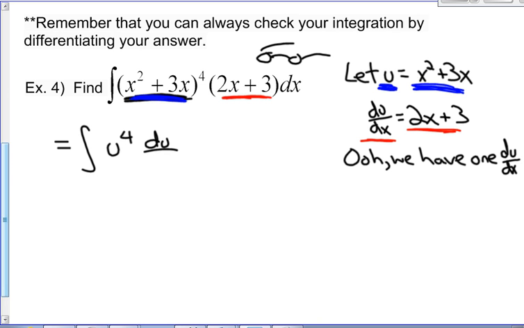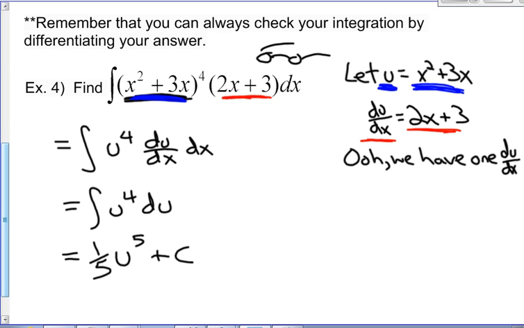So I have u to the fourth du by dx times dx. In other words, we have u to the fourth du. Now we can integrate. Integrating u to the fourth with respect to u is super easy. Power goes up, flip of the new power goes in front, plus some constant of integration.